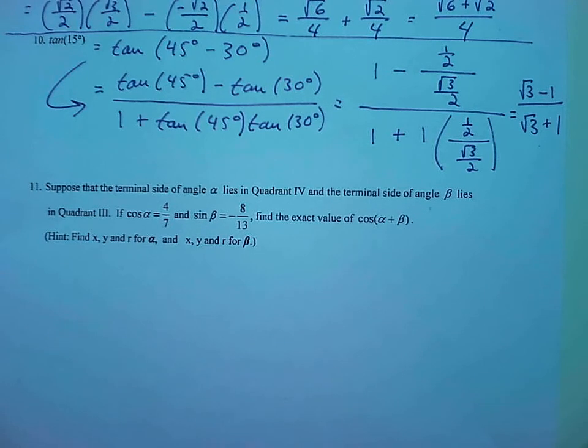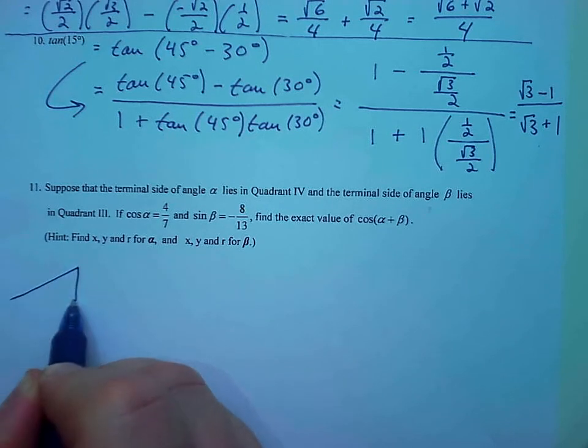If cosine of alpha is equal to 4 over 7 and sine of beta is equal to negative 8/13, find the exact value of the cosine of alpha plus beta. Alright, and he gives us a hint here. It says, find x, y, and r for alpha and x, y, and r for beta. So let's start off with that.